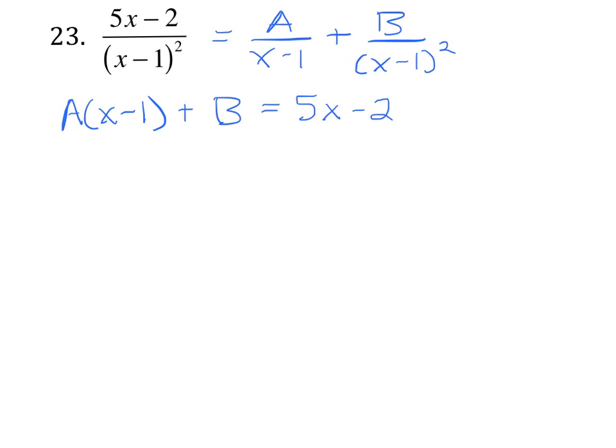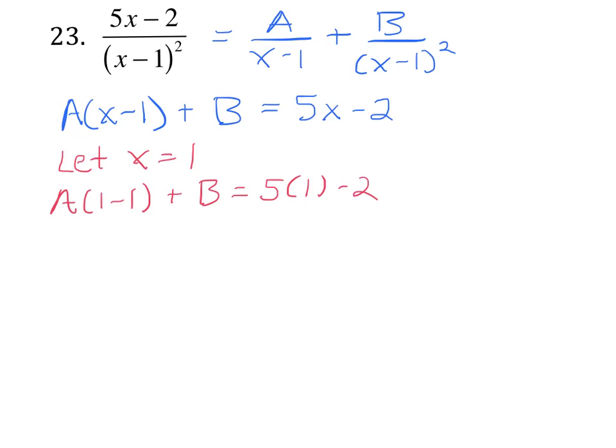So in order to solve for b, I'm going to let x equal 1. So that will cancel out my a terms. So I just get that b equals 3. And again, I've already plugged in all the numbers I can to cancel out other terms.